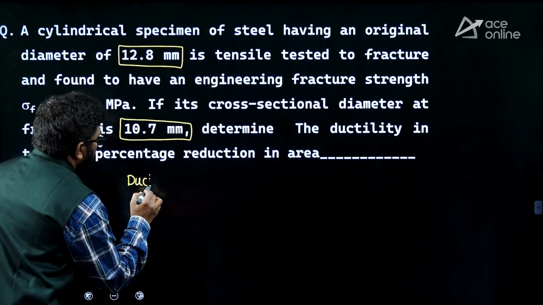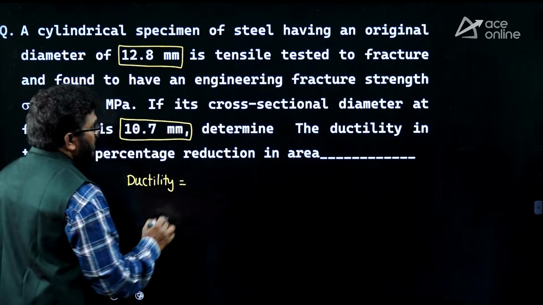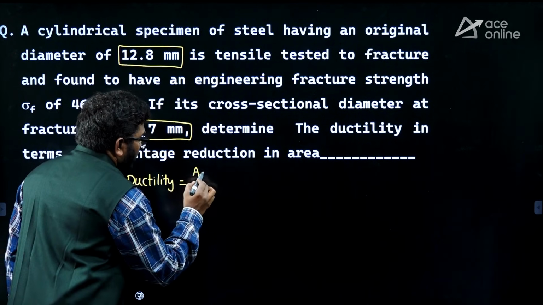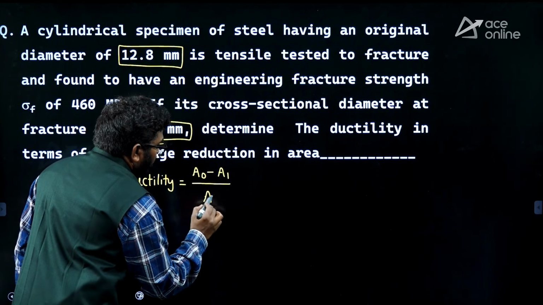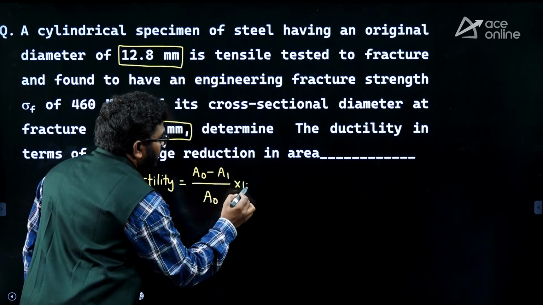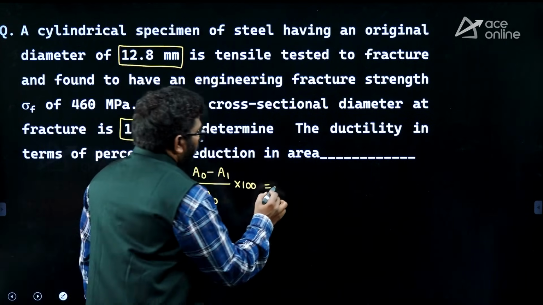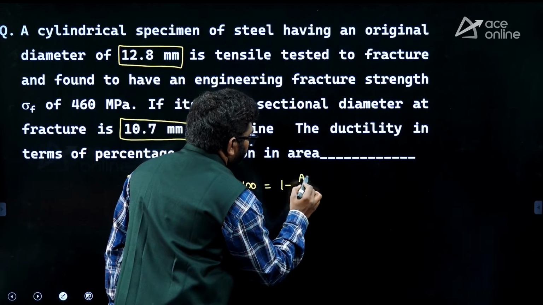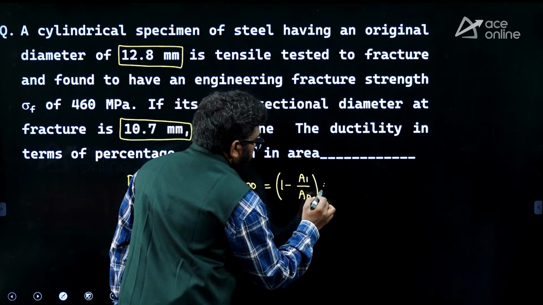So, ductility is measured by percentage reduction in cross-sectional area, means A naught minus A1 by A naught into 100. I can simplify this. 1 minus A1 by A naught into 100.